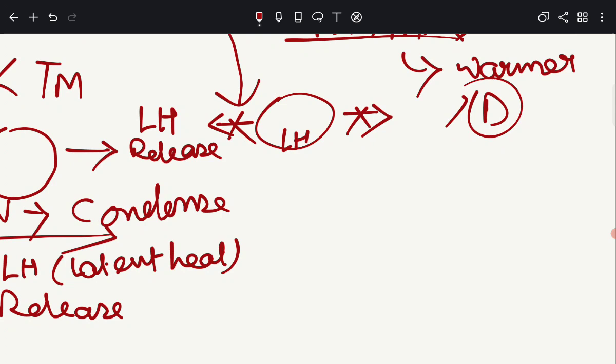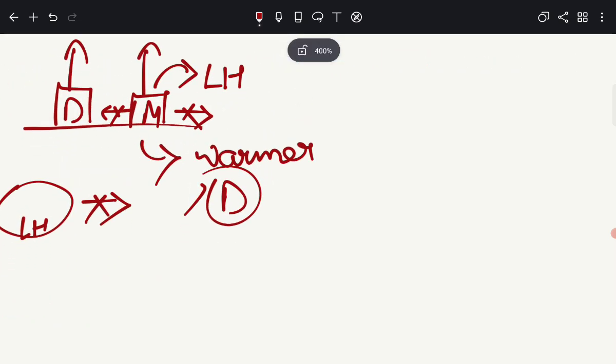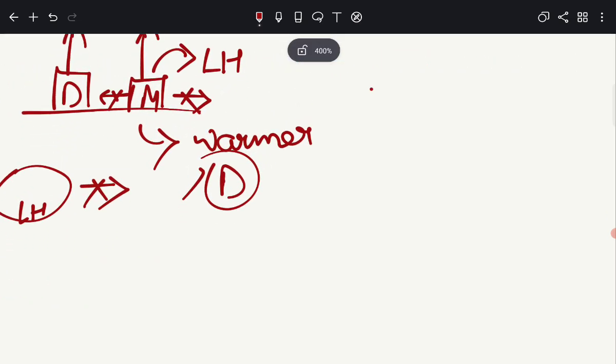So from this concept, another term was coined, and that was equivalent potential temperature. We initially have potential temperature.